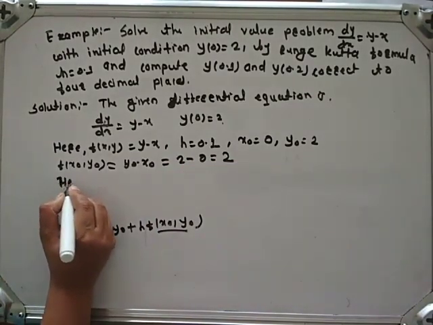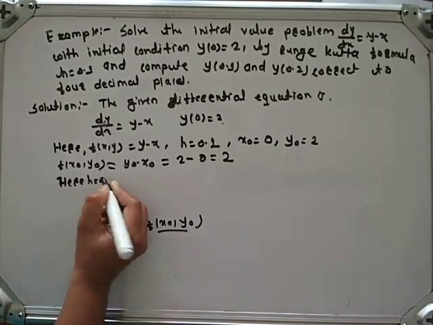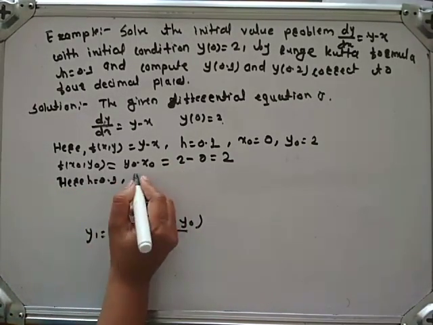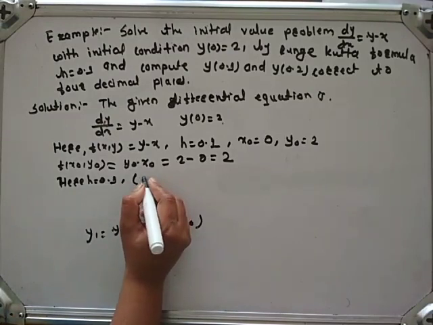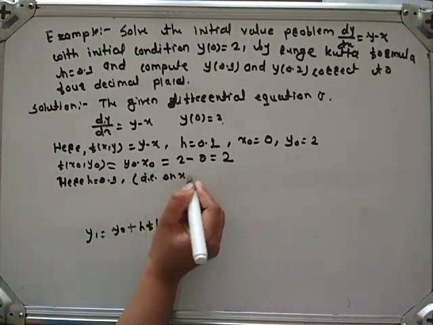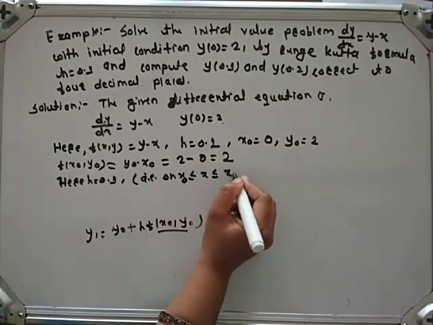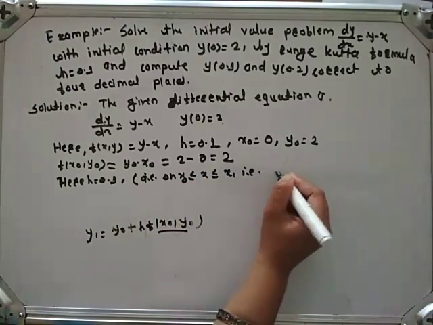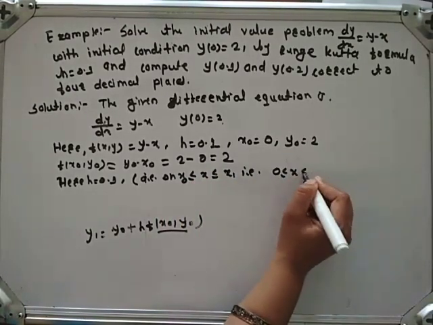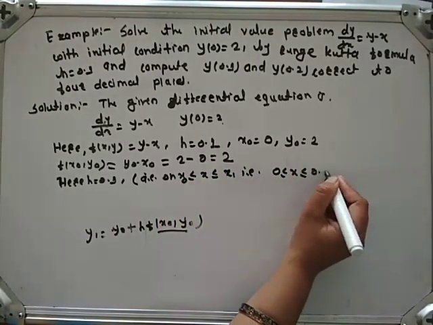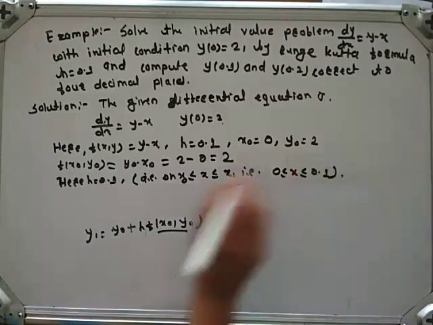Here h is equal to 0.1, which means our x lies in x0 less than or equal to x less than or equal to x1, that is 0 less than or equal to x less than or equal to 0.1.